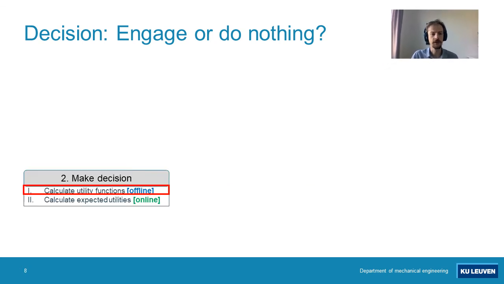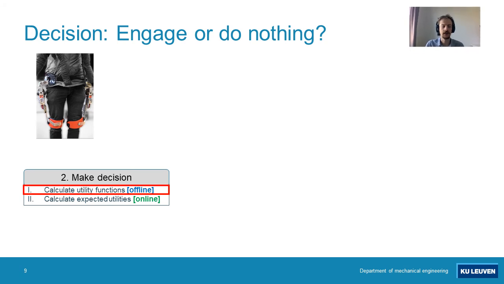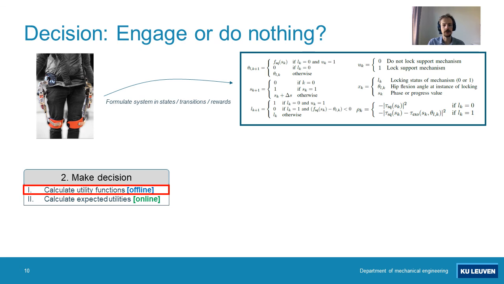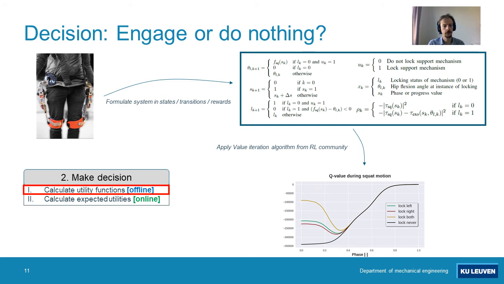To do so, we start from the behavior of the exoskeleton and we write it in terms of states, transitions, actions, and rewards. This will lead to a set of equations, and we can then use the value iteration algorithm known in the reinforcement learning community together with some model data to arrive at reward functions or utility functions that belong to the different actions that the controller can take, which is engaging or not engaging or engaging only one side of the exoskeleton.